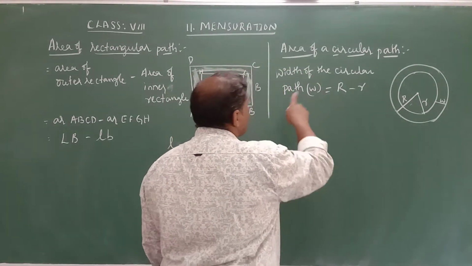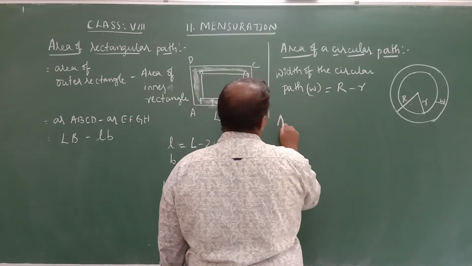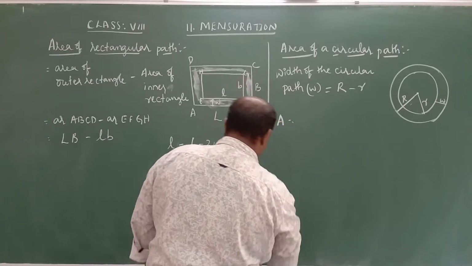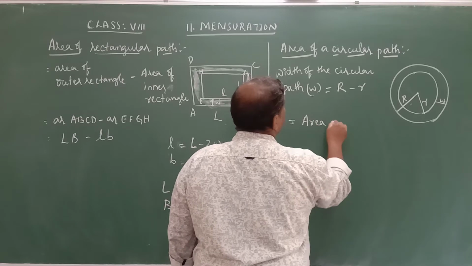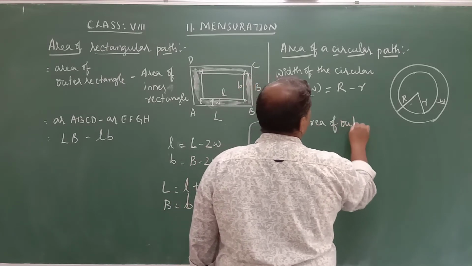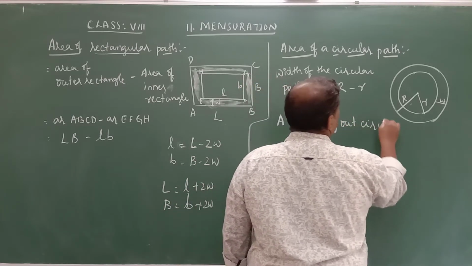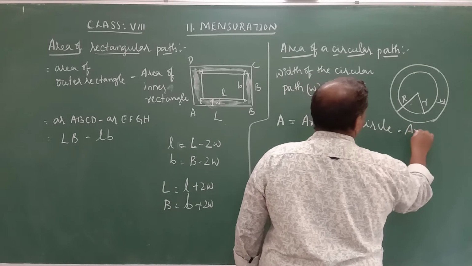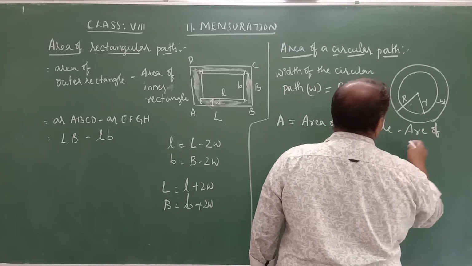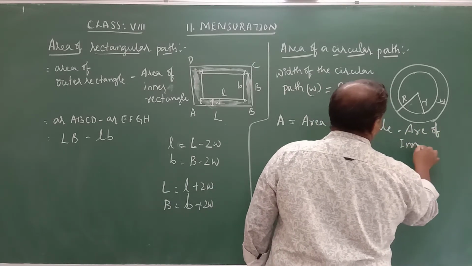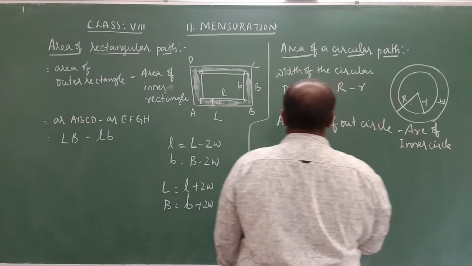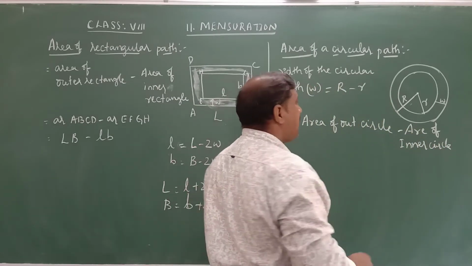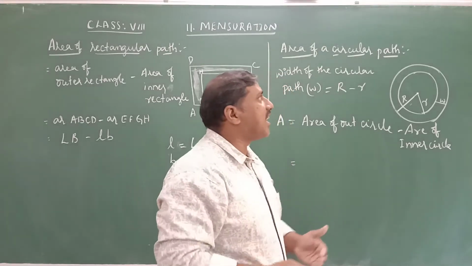Now how do you find the area of the circular path? A is equal to the area of the circular path. A is equal to the area of the outer circle minus the area of the inner circle. Generally, what is the formula to find the area of a circle?